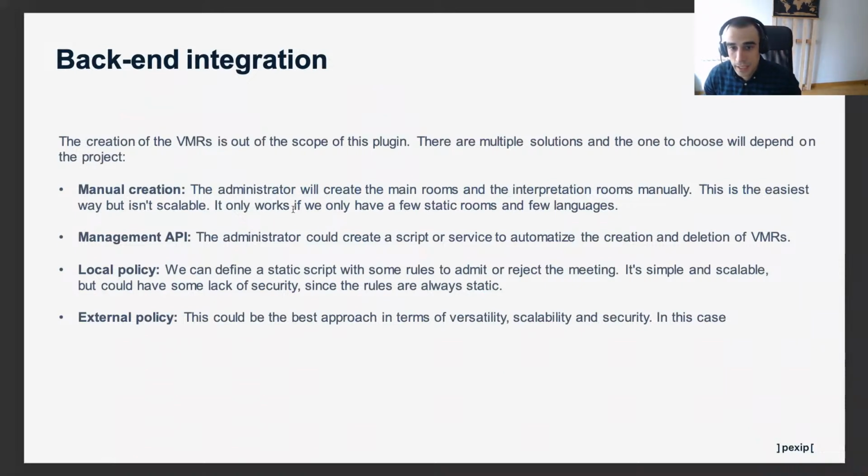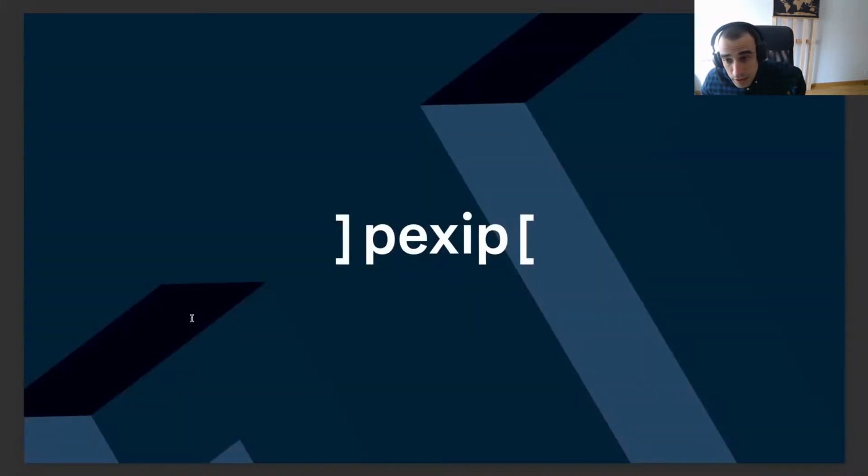We can create the VMR manually, or we can have another service and use the management API, a local policy, which is what I am using right now, but maybe if we have a scheduler, it makes sense to have an external policy. And this is all concerning the presentation. Right now, I will make a small demo of the two scenarios, and you will see how it works.